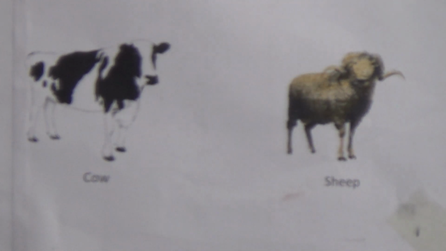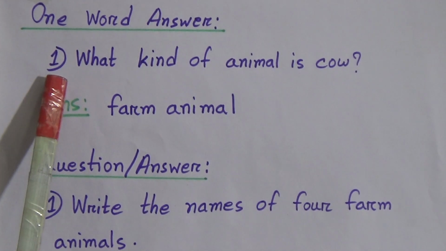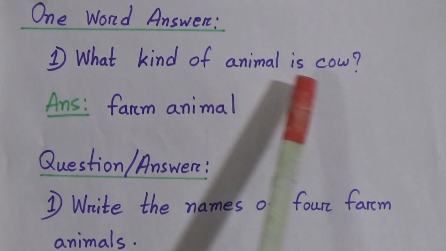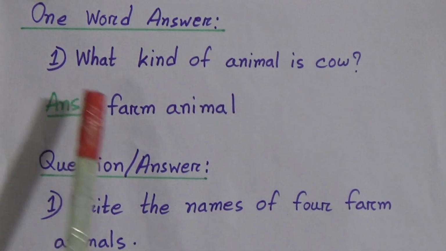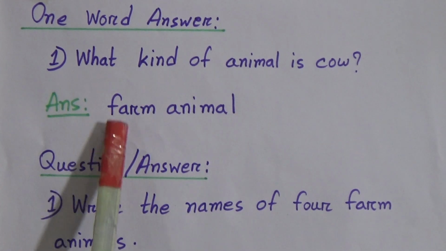And now one word answer. Here is only one word answer. The question is, what kind of animal is cow? We have already learned that cow is a farm animal. So for one word answer, you will write only farm animal.